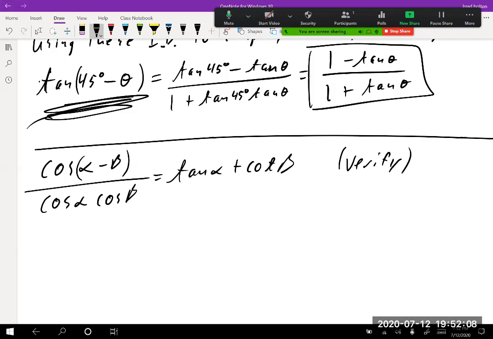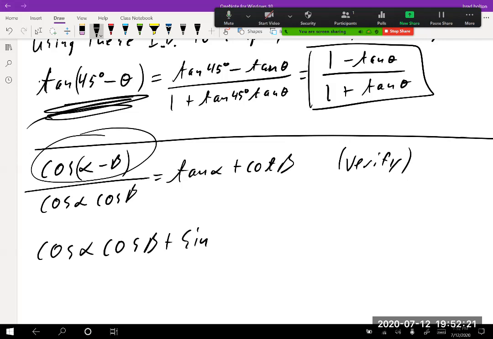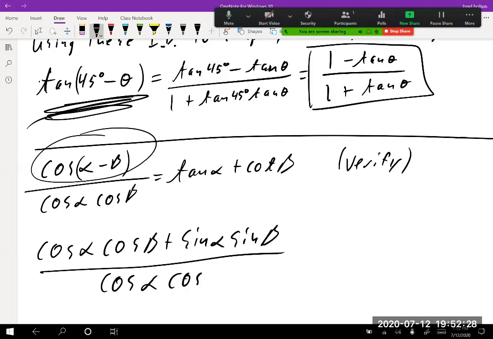Well, the first thing I notice is this is the cosine difference. So I'm going to write cosine alpha cosine beta plus sine alpha sine beta, all divided by cosine alpha cosine beta, and that supposedly equals tan alpha plus cotan beta.